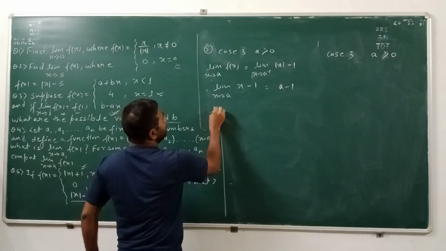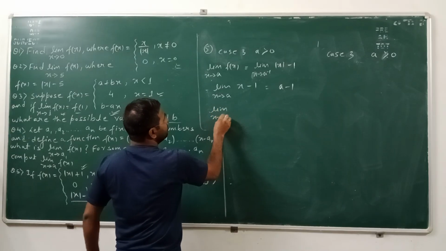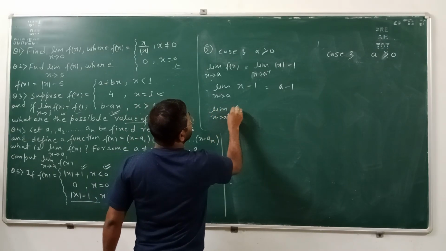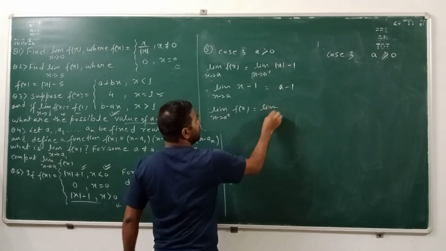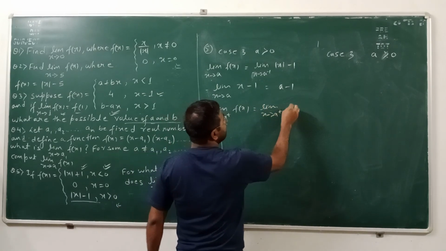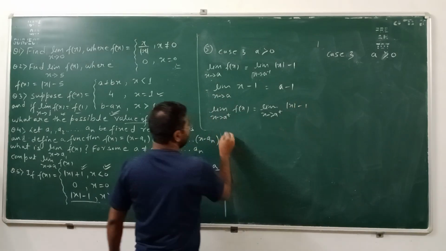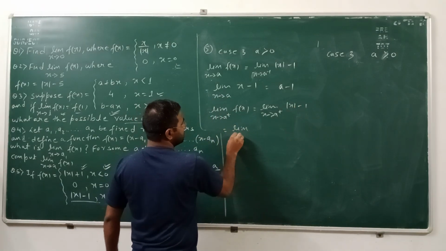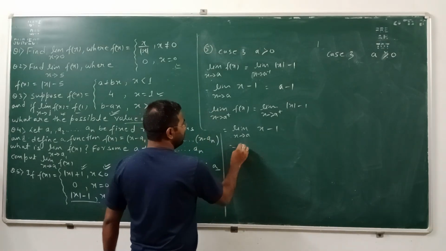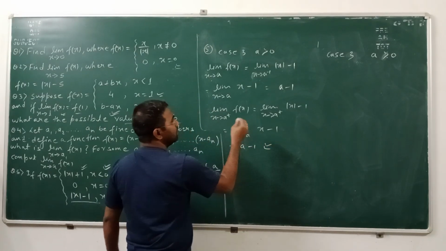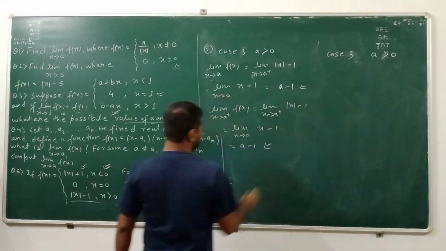After that limit x tends to a positive f(x) is equal to limit x tends to a positive mod of x minus 1. Limit x tends to a, x minus 1 is there, then a minus 1. So see here again a minus 1 is coming.